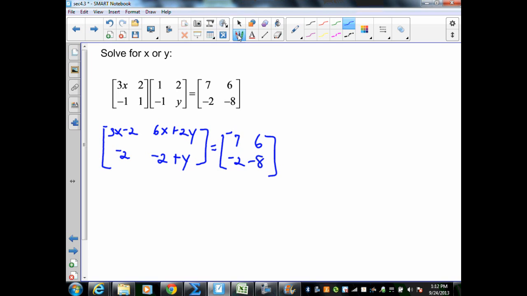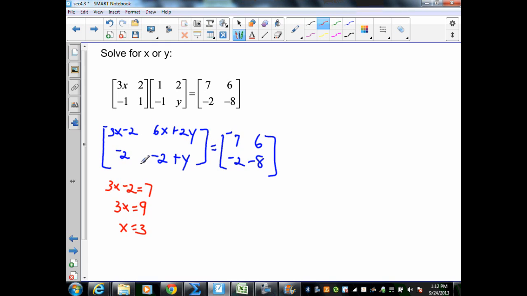Now, all I have to do is set each expression equal to its corresponding element. Let's begin with 3x minus 2 equals 7. Therefore, add 2, 3x equals 9, x will equal 3.